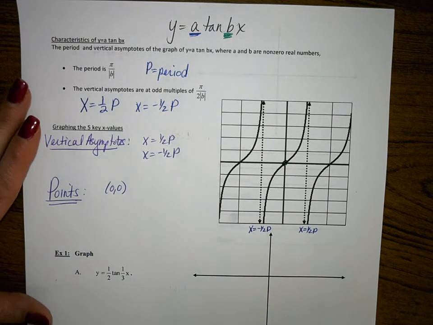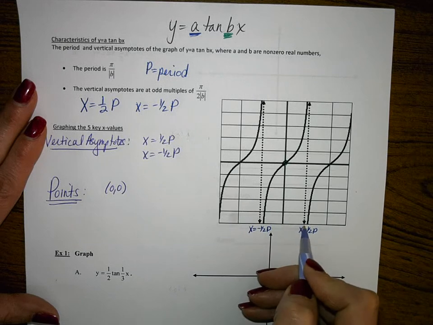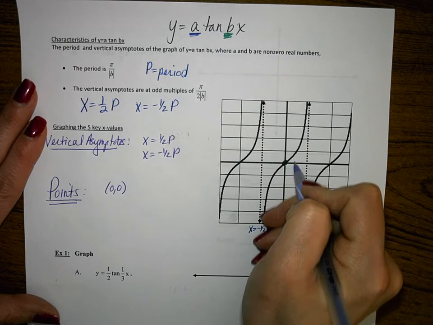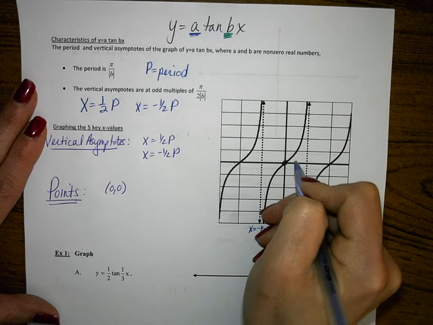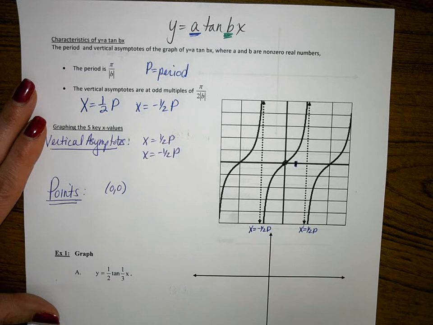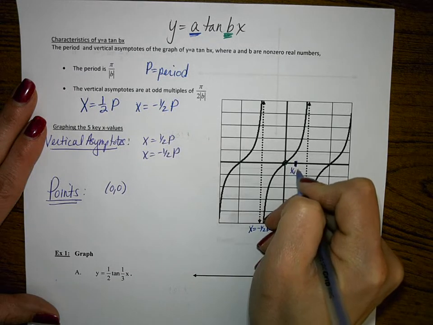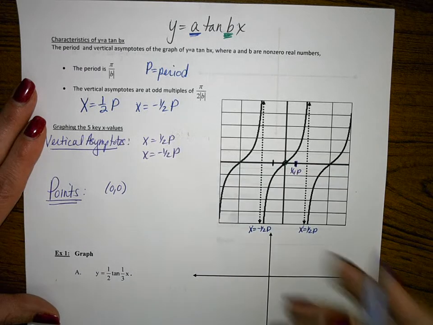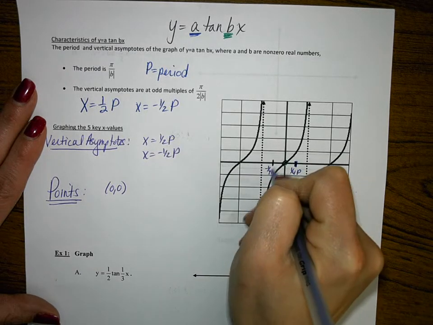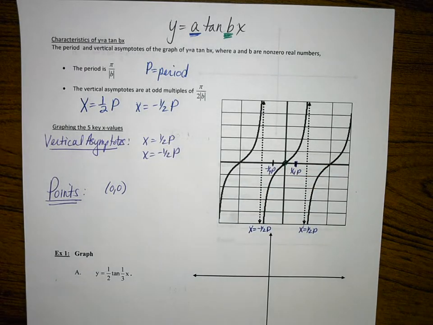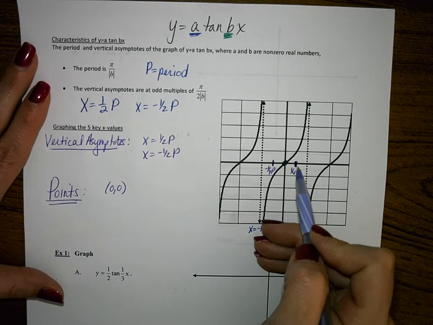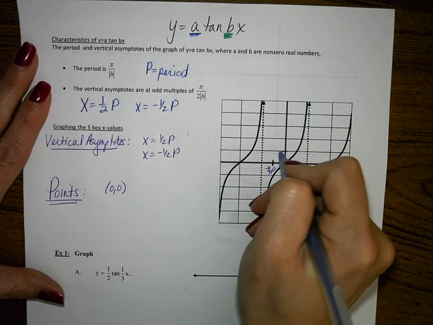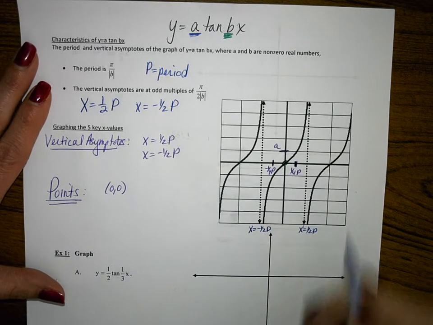Okay? Very interesting. If this is a half of P, what will this be? A fourth of P. And this will be negative a fourth of P. Okay, so what is interesting at that spot, if I take a quarter of my period, I will always be up at the A value.